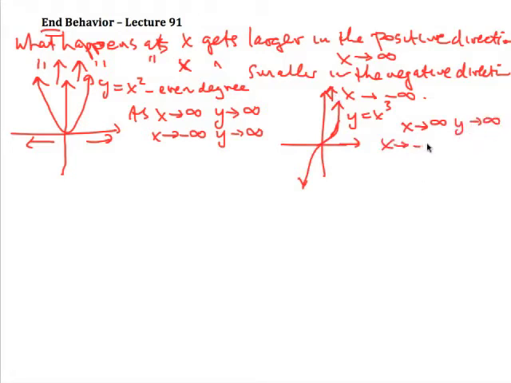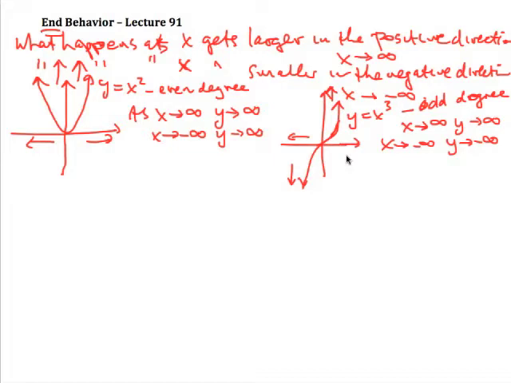As x approaches negative infinity, in other words, this direction, our y values are getting larger in the negative direction. And this, of course, is because this is an odd degree, because of the power of 3.